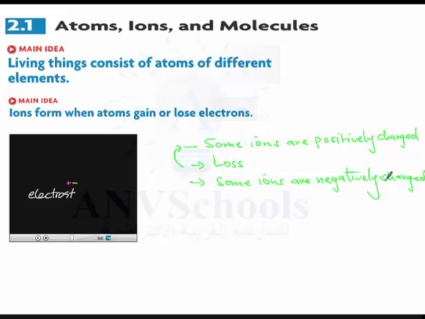If it has, for example, fewer electrons in the outermost shell, then these electrons are easily lost.